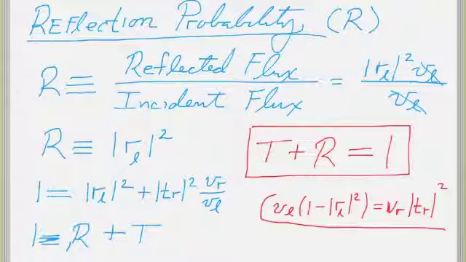The sum of the probabilities had better equal 1, right? So T, your transmission probability, plus your reflection probability, is equal to 1. Okay then, that's sort of the basic picture behind device modeling with Schrodinger's equation.